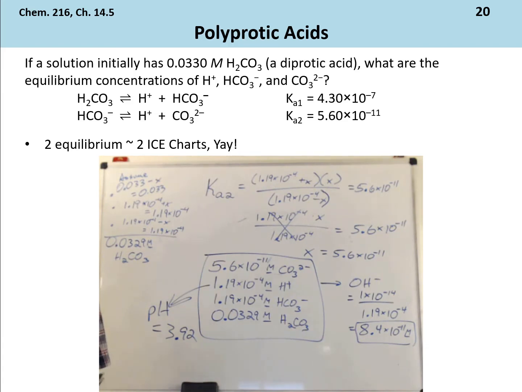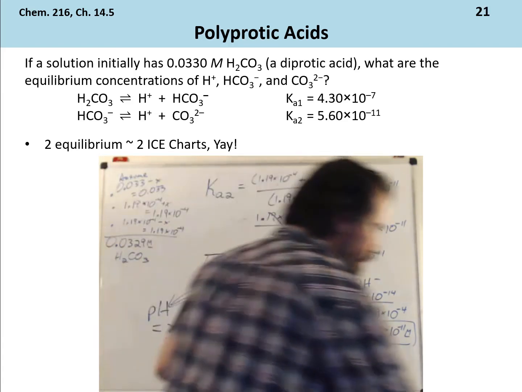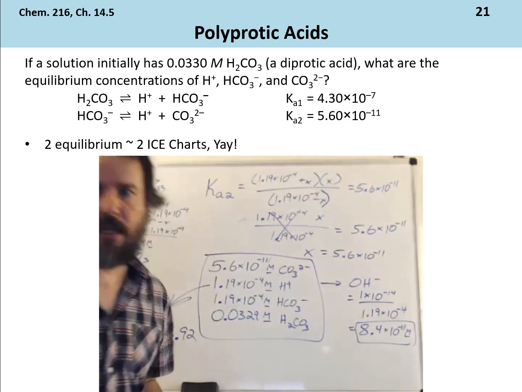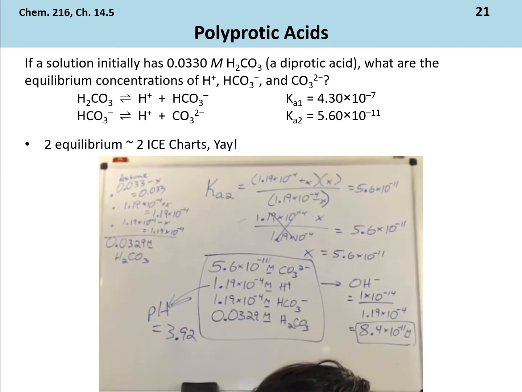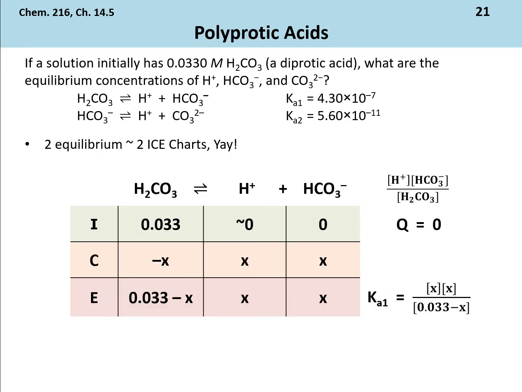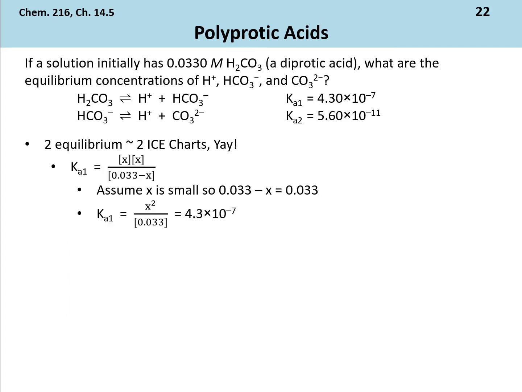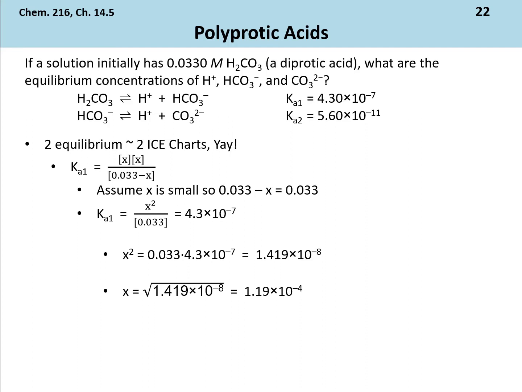All right, let's go ahead and look at this on the screen. So I start off with one ICE chart. I can go ahead and calculate from that. I figure out what the value of Ka1 is in terms of X. I then can solve for X. In this case, I could assume that X is small, right?